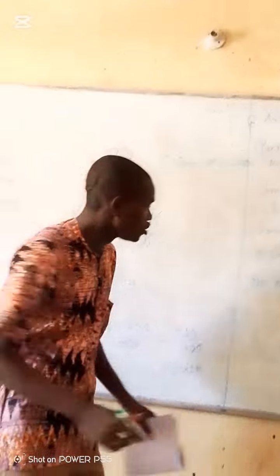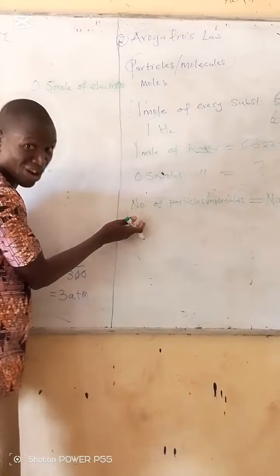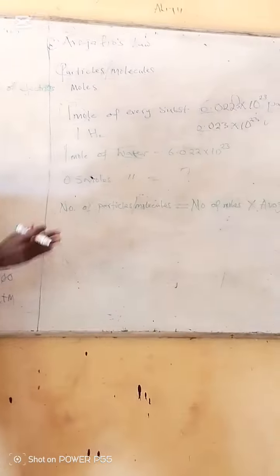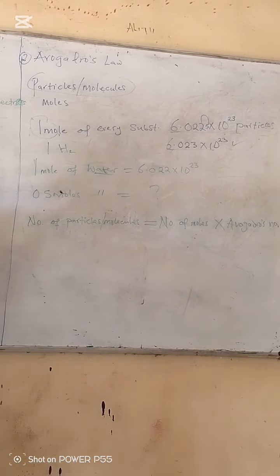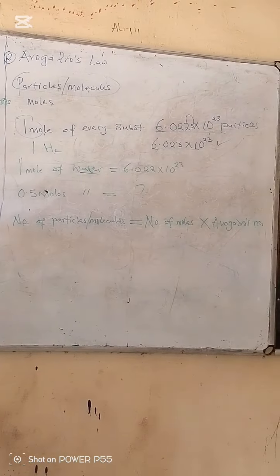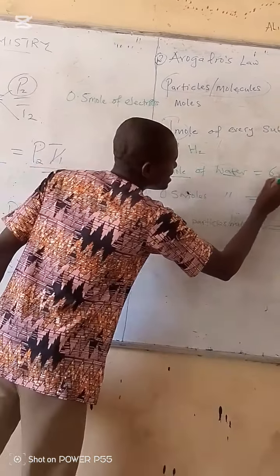Please note that. So having known this formula, I hope you write it somewhere now so that you will use it later for revision. Very important. You need to master it. You need to memorize this formula and get it. Alright, so let's now go ahead and answer our question. We know that 1 mole is always this.